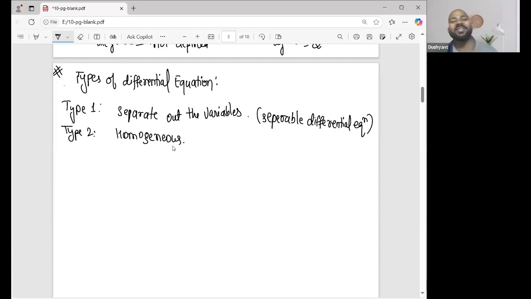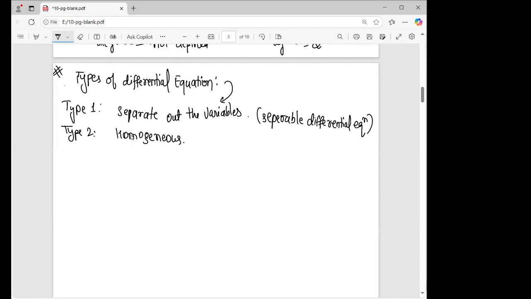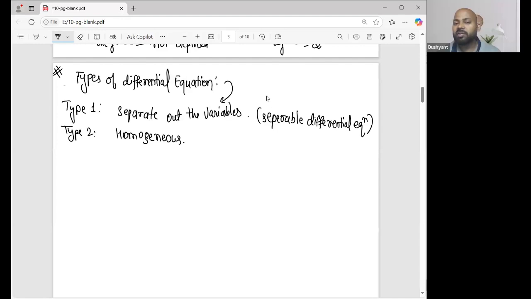Okay, I'm telling you, we have types of differential equations. The very first type is separate out variables. Second is homogeneous differential equation that we will learn. First of all, you have learned, I guess, separate out variables in school, right? Yeah. So separable differential equations we need to discuss.